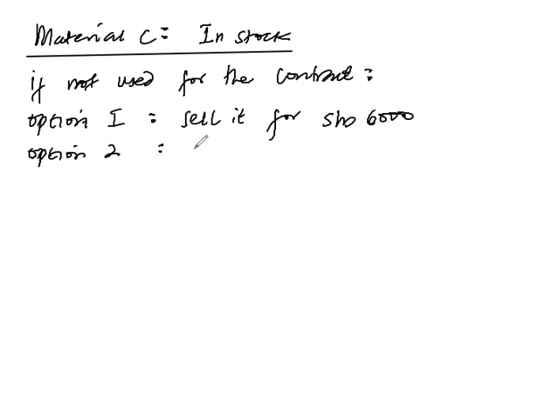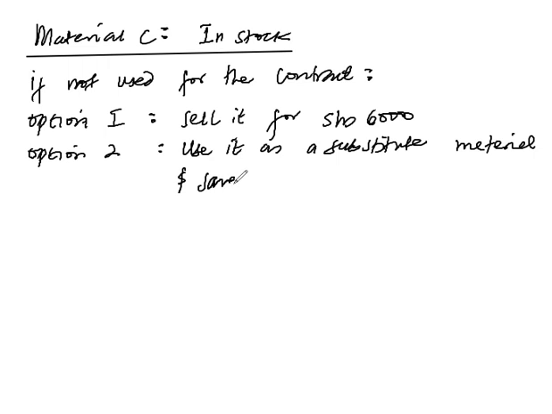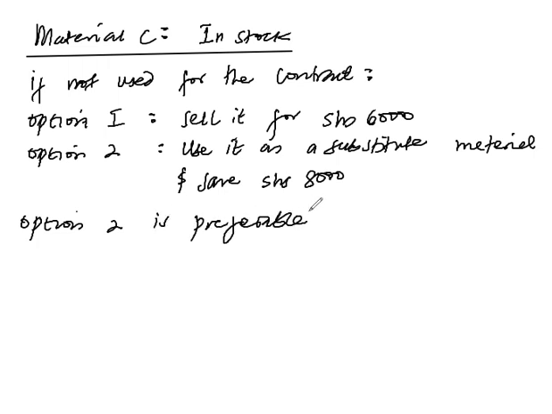Then option 2, use it as a substitute material and save shillings 8,000. Okay, so option 2 is preferable.